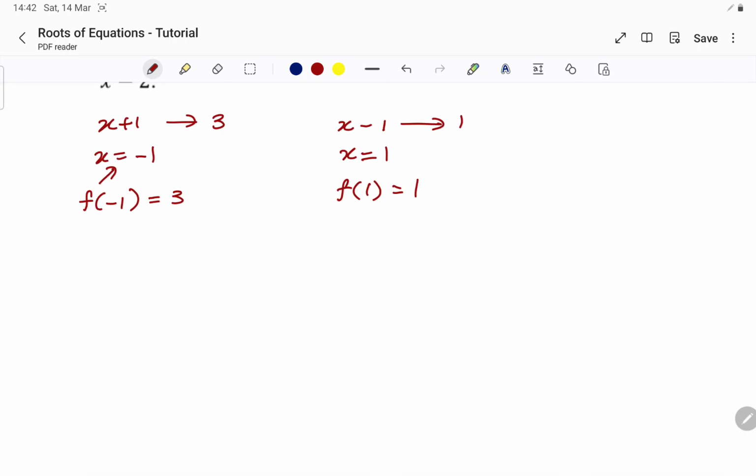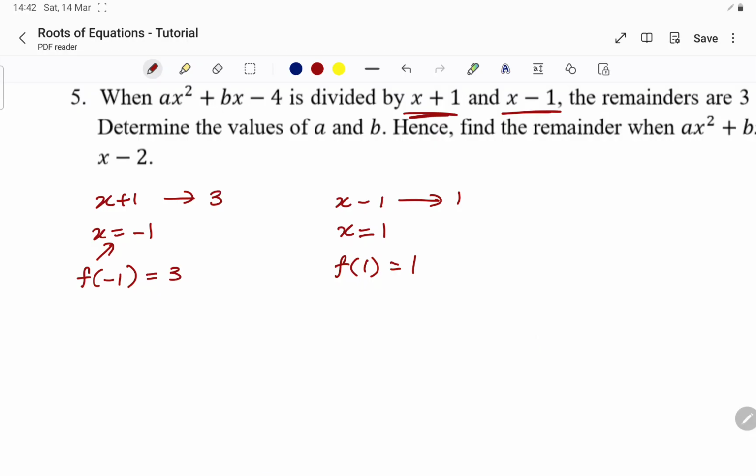So we have these two pieces of information right now. What you have to do is just substitute into your function, which is ax squared plus bx minus 4. So f of negative 1 equal to 3. You substitute negative 1 inside x, so a times negative 1 squared, plus b times negative 1, minus 4, equal to 3.